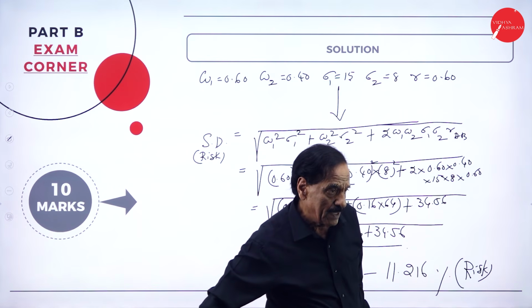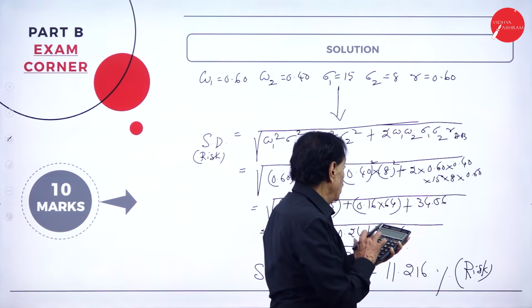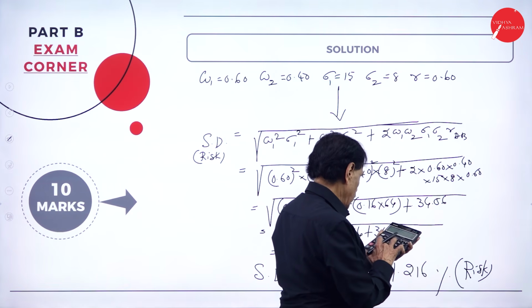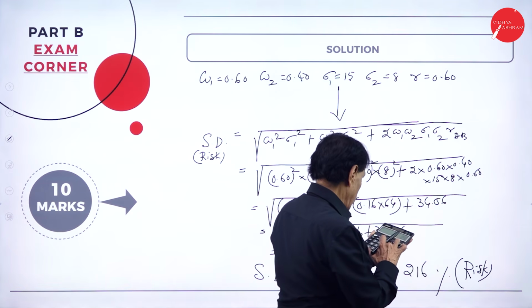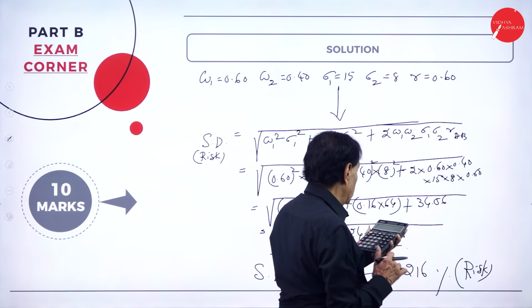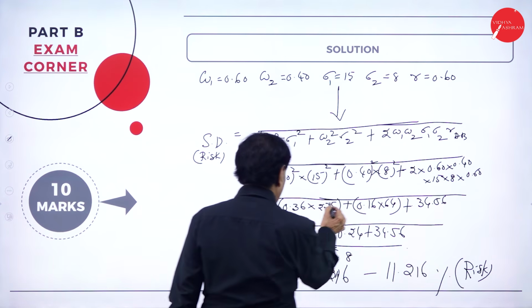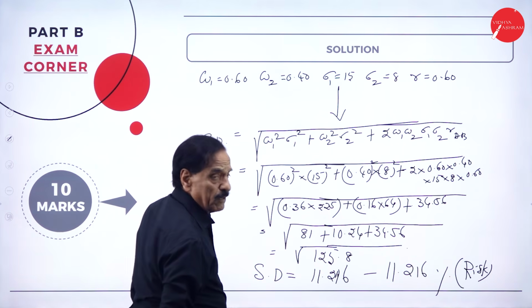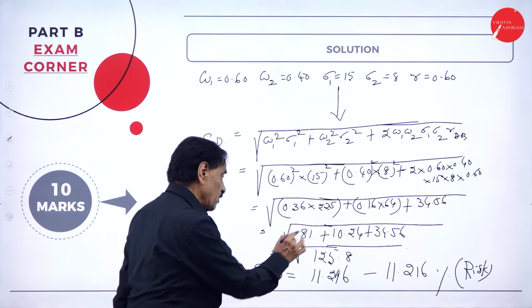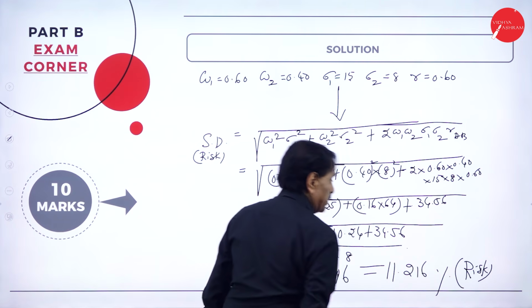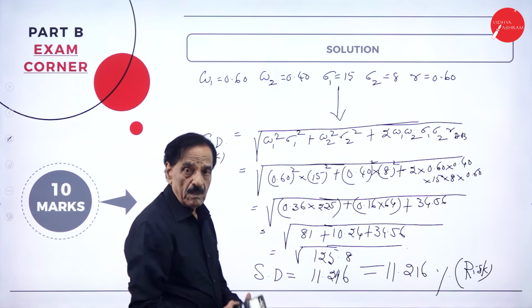Multiplying these, 34.56 for the last term, the others 81 and 10.24. Totally it will come 125.8. Take the root of this, and it will come to 11.216 percent risk. Hope you understand.